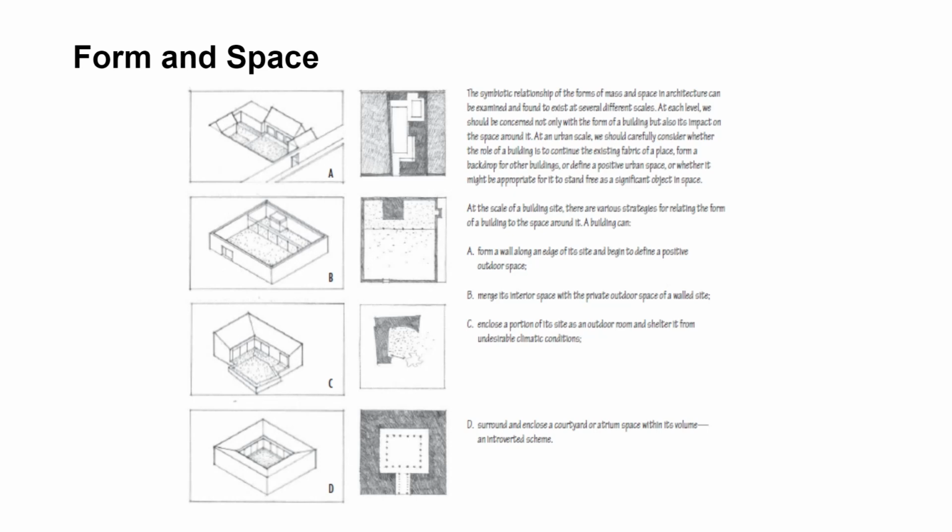So at the scale of the building site, there are various strategies for relating the form of a building to the space around it. A building can form a wall along an edge of the site and begin to define a positive outdoor space.